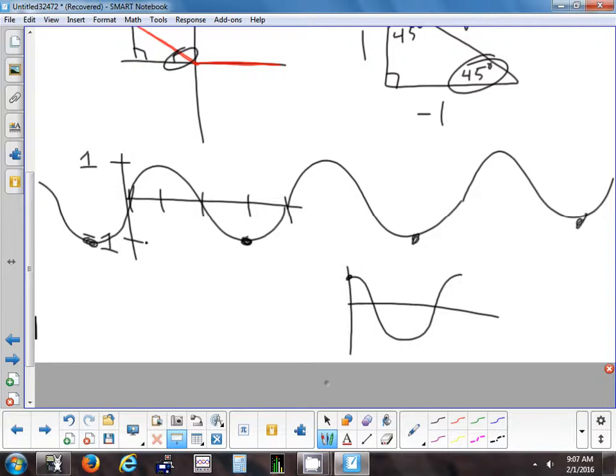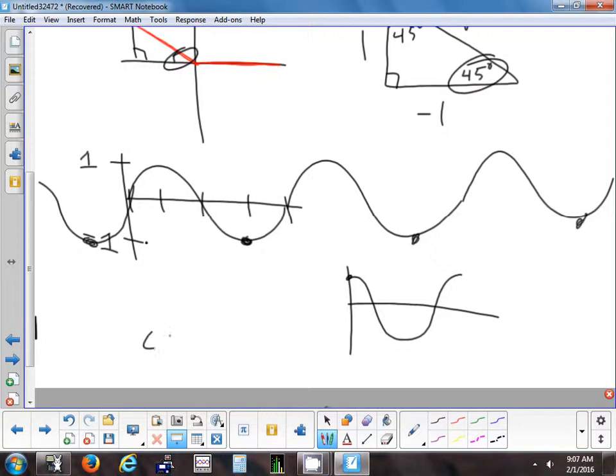So if I asked this question, inverse cosine of 0, what I'd be asking for is on the graph, where does it hit 0? What's that angle right there? 90. Yep. That's 0, 90, 180, 270, 360. So it hits it at 90, and then it also hits it again at 270.